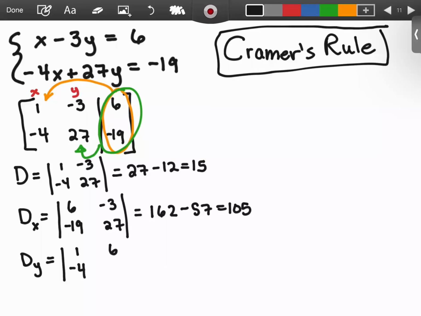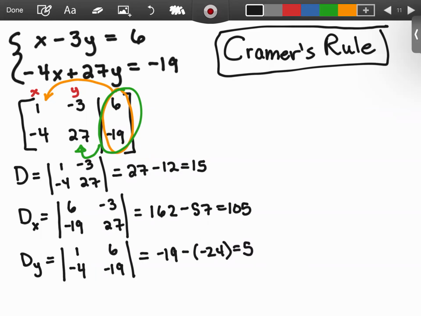So it's 6, -19. And then find the determinant of this. So 1 times -19 is -19. Then subtract the product of -4 and 6 gives you -24 there. And so that would be, let's see, -19 plus 24 gives you just positive 5.